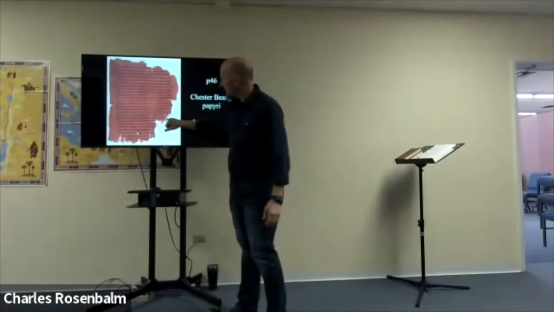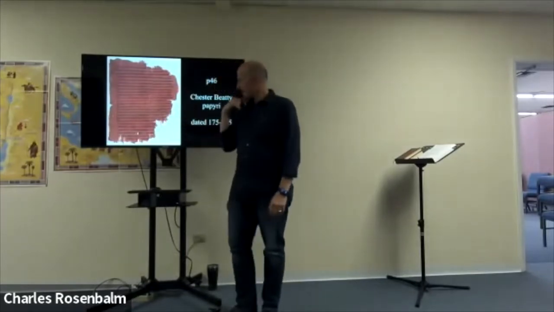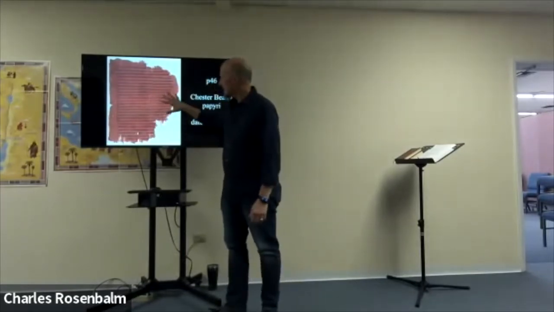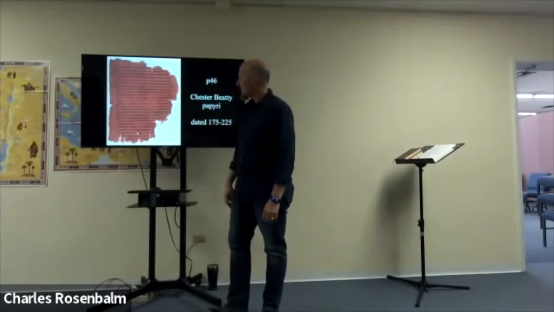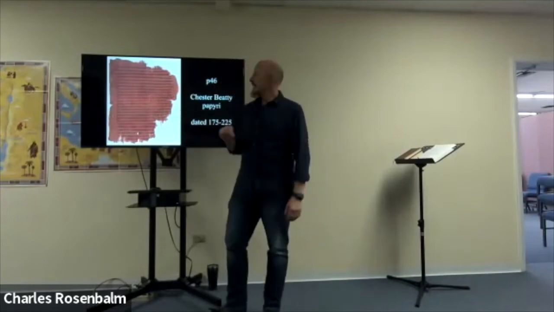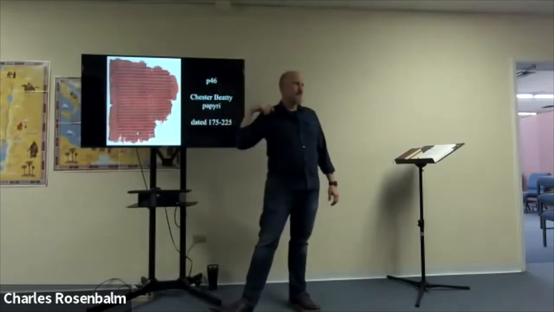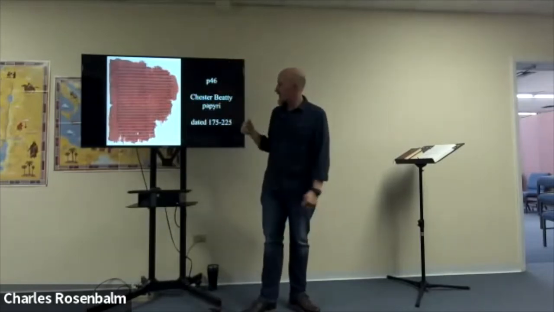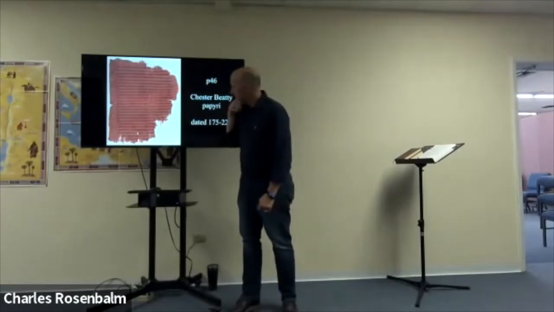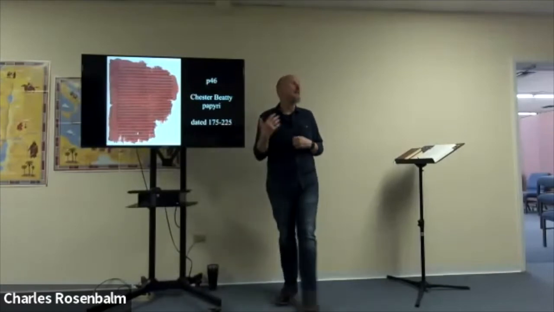I want you to notice also the script here, the writing itself in Greek. One thing you may notice is that there are no spaces. It's just letter after letter after letter. Why would you do that? Because writing material is at a premium.